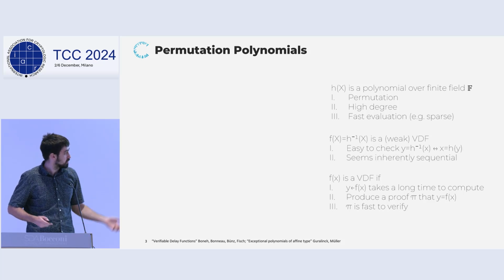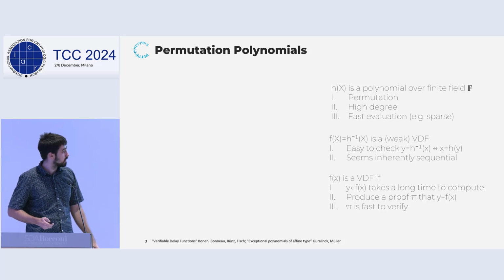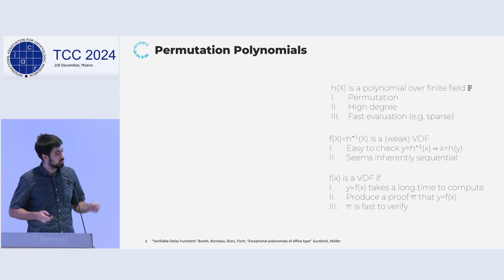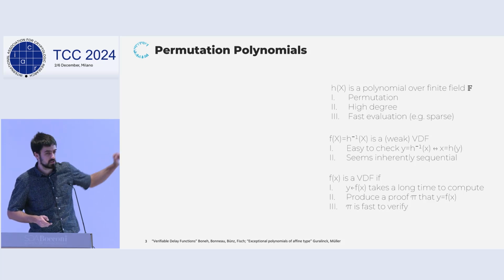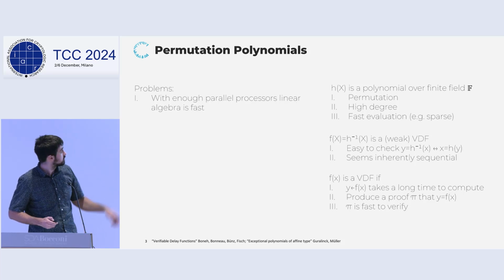And because it's a permutation, this is unique. Okay, and they justify this assumption by the computation seeming to be inherently sequential, and up to a certain degree, that's why it's weak. And now I'll get to the negatives of this construction, so the problems.